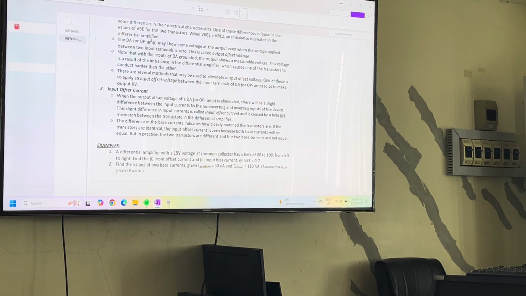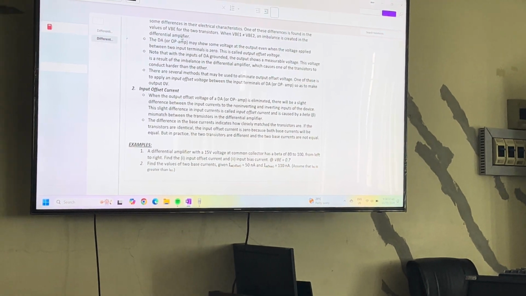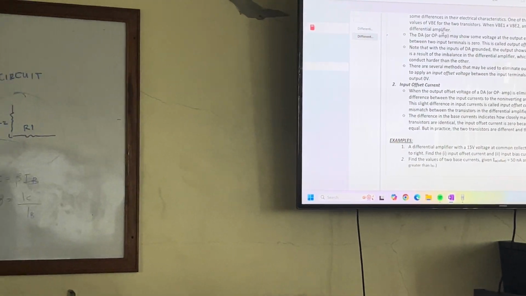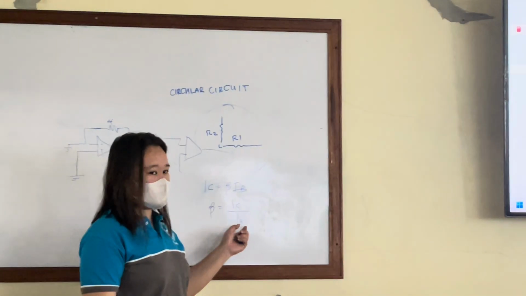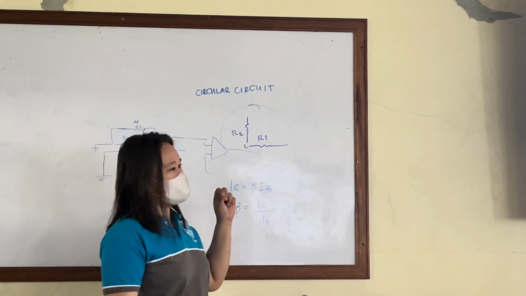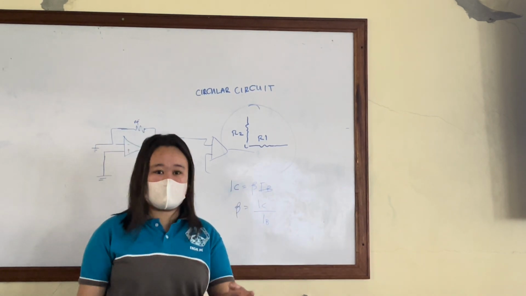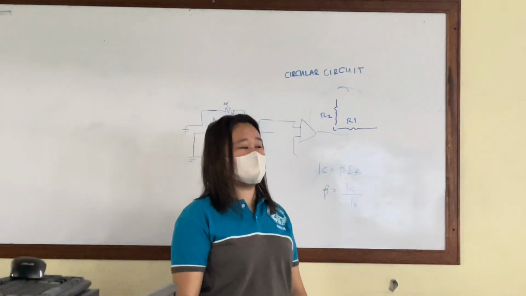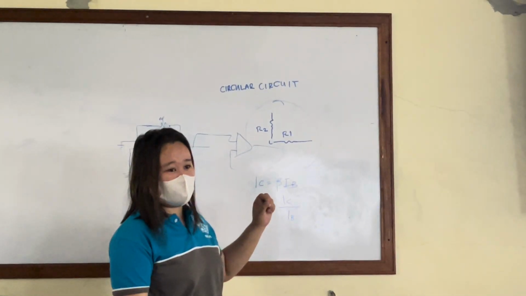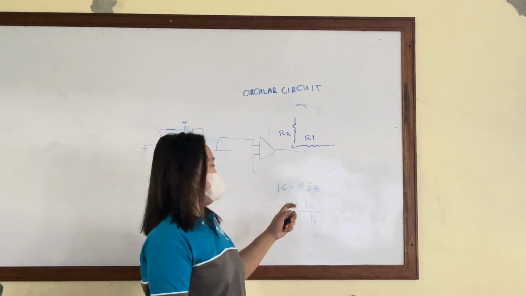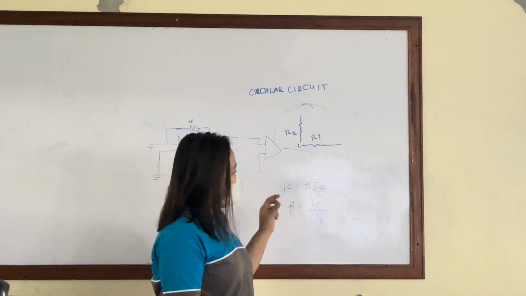IC equals to beta IB. Beta can be solved IC over IB. IB should be the smallest, IC is the highest, and IE moderately. That's how you solve beta.